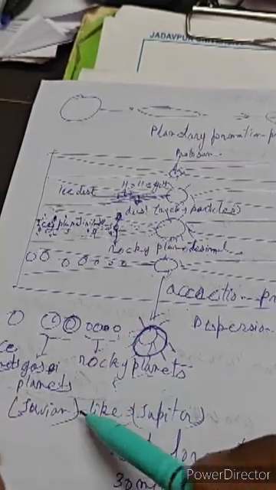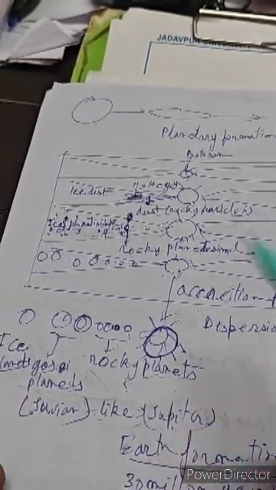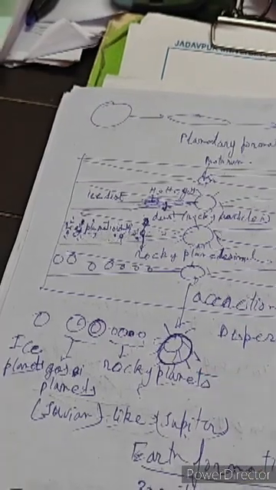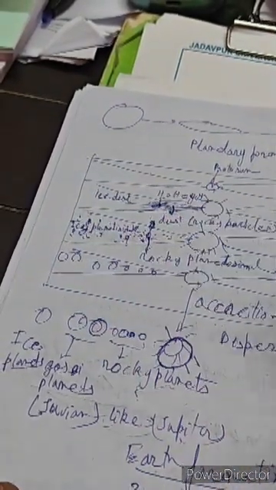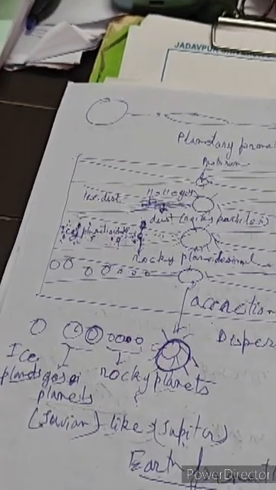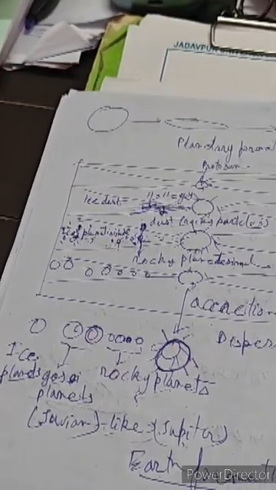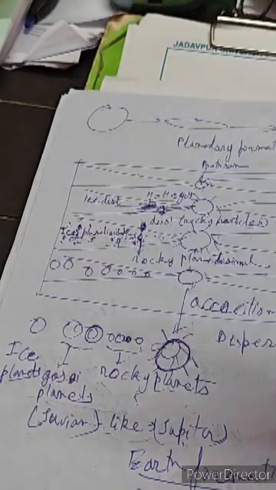Jupiter is a great example. And at last we see the ice planets made of ice dust. So: rocky or terrestrial planets, Jovian or gassy planets, and then the ice planets.